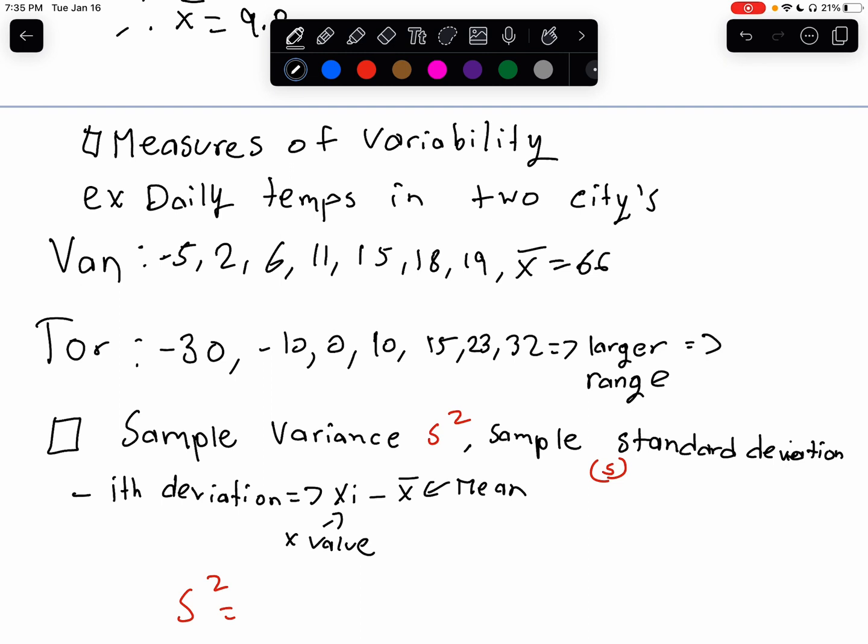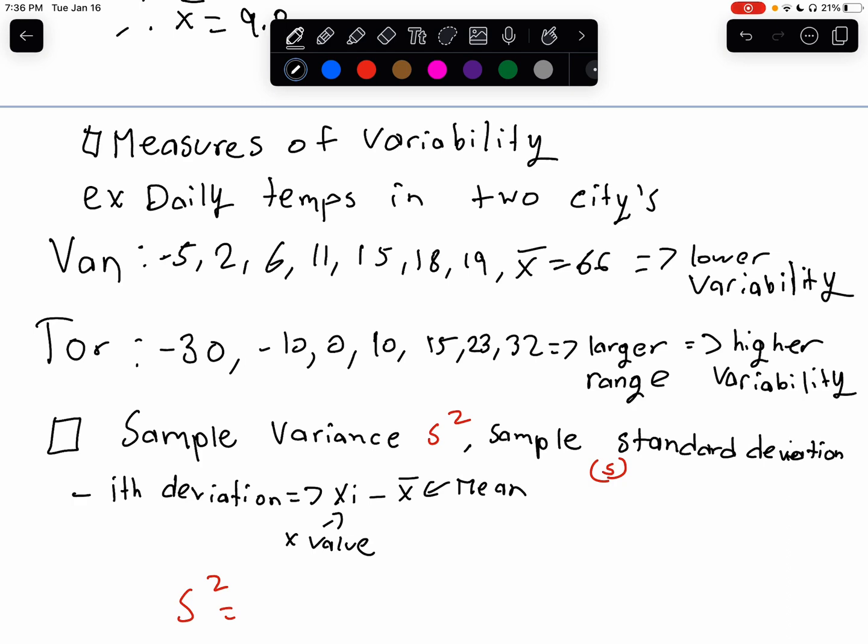But in Toronto, right, if we do these values, so we have -30, minus 10, plus 10, plus 15, plus 23, plus 32, we get a little bit of a higher value, right? So because it has a larger range, it means it has a higher variability, and this one will have a lower variability.